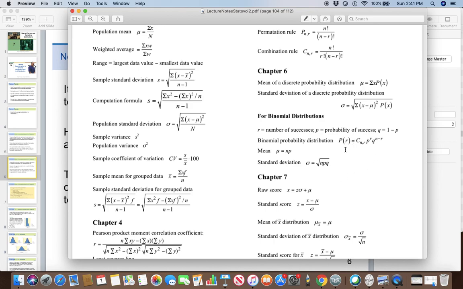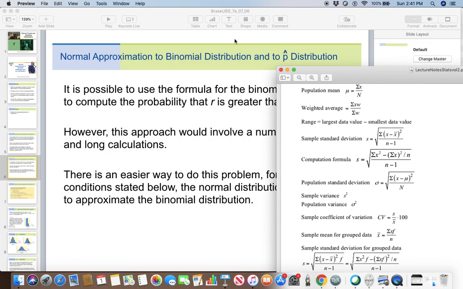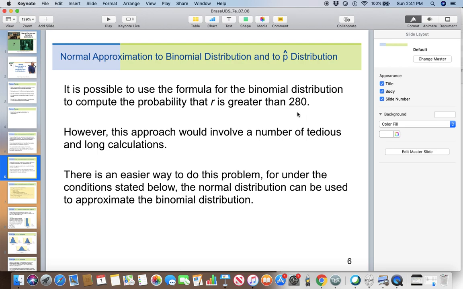R could be 282, you calculate. You're going to calculate like that for all values greater than 280 until 300: 281, 282, 283, 284, and so on until 300. And then you are going to add all those numbers. So this is a large number of tedious and long calculations.